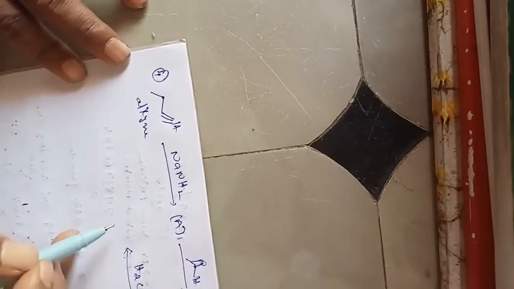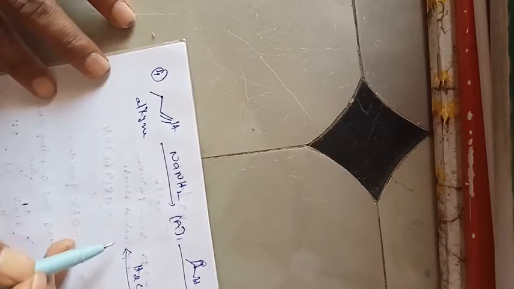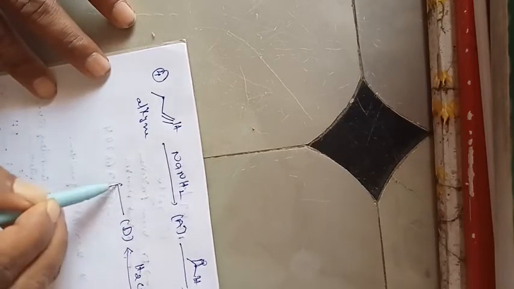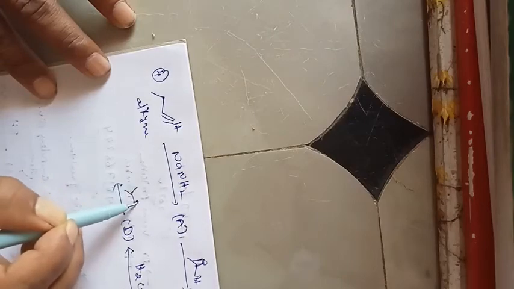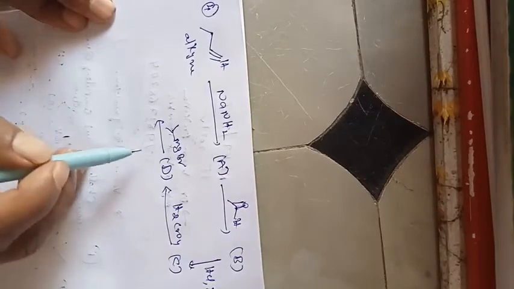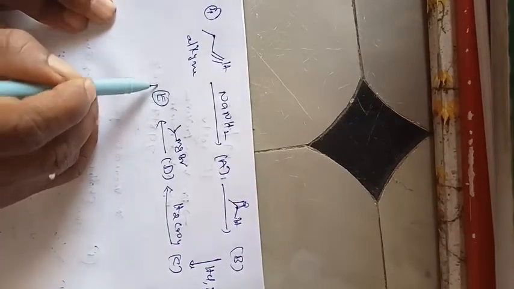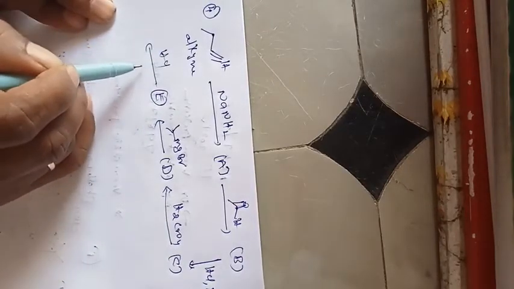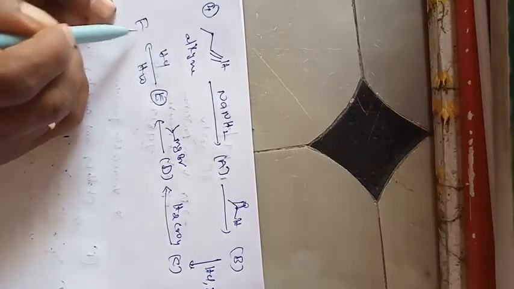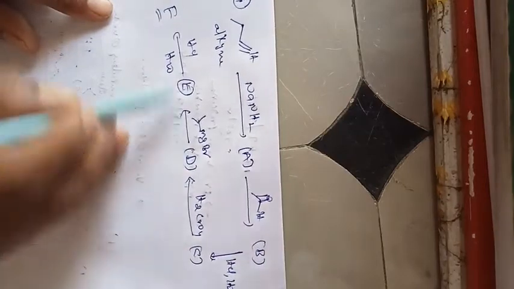Again further a reaction with oxidation H2CrO4, D product. So upon reaction with isopropyl magnesium bromide, E product, and further HCl H2O hydrolysis, compound F product. So students must identify what is A product, B product, C product, D, E and F.